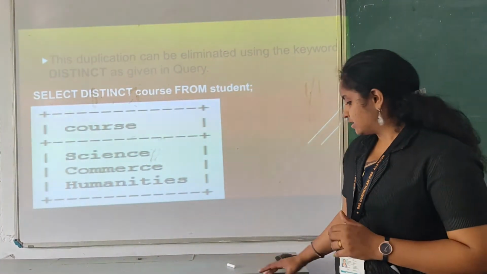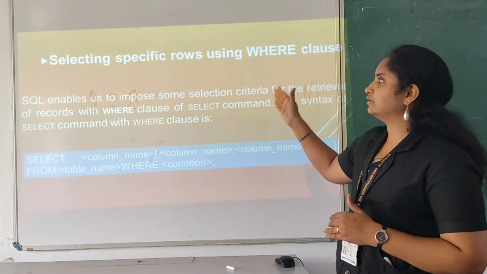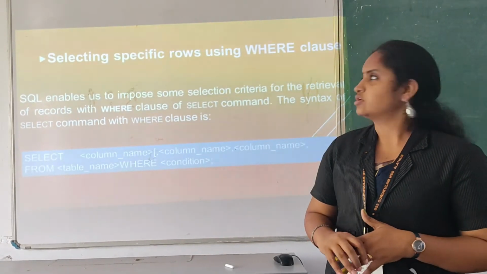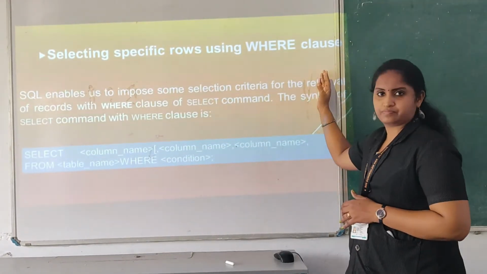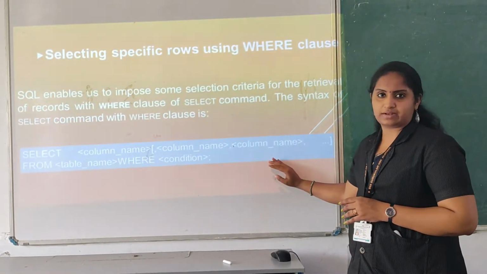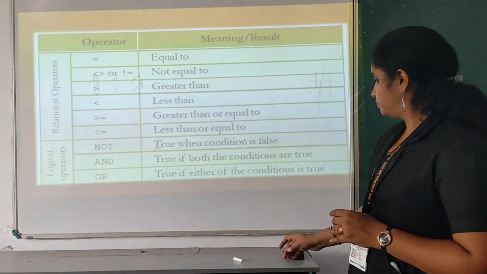Next, if you want to select particular rows, you can use the where clause. That means you have to give a particular condition on that. Clear? Let's see with an example.